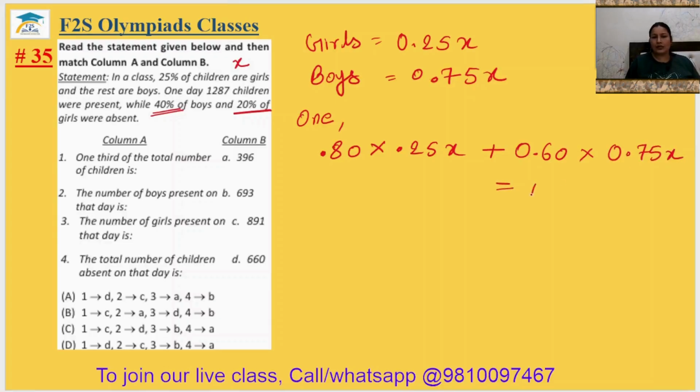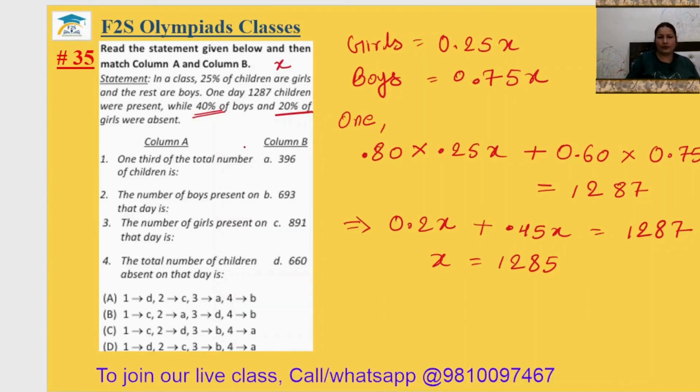But it is said that the total number of students present is 1287. When we simplify it, 0.80 times 0.25 will be 0.2x plus 0.75 multiplied by 0.60, so it will be 0.45x equal to 1287.